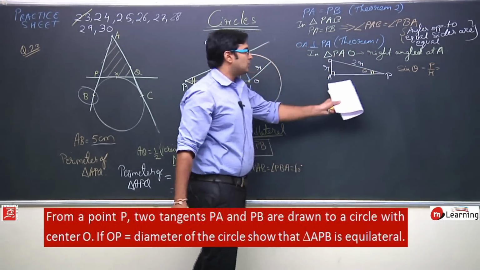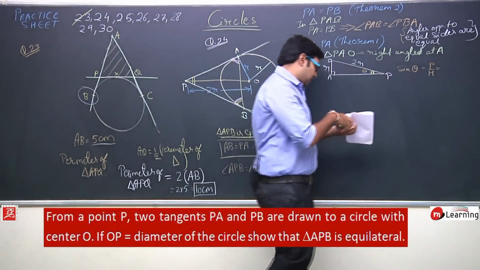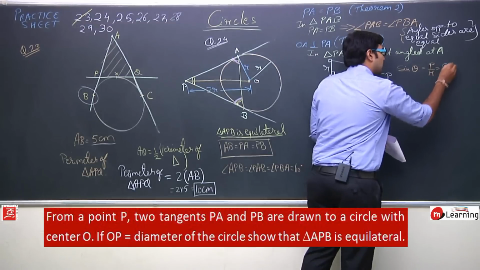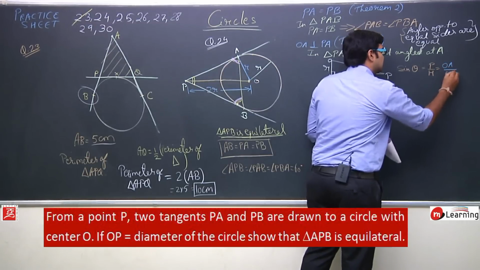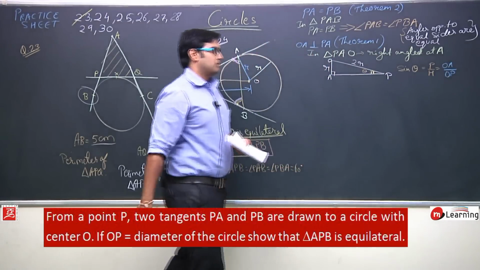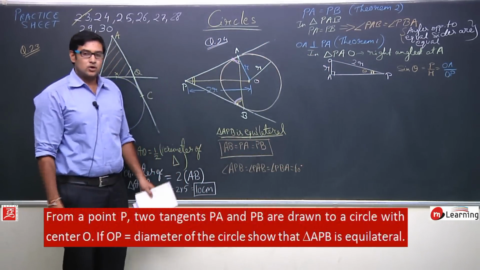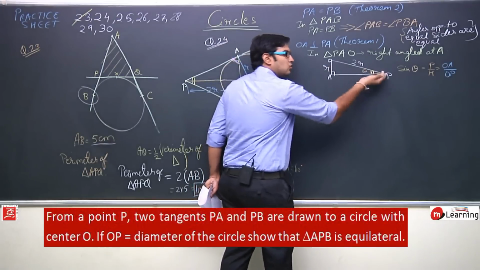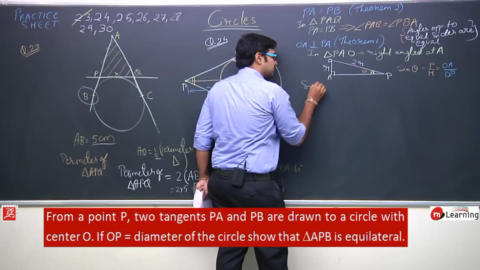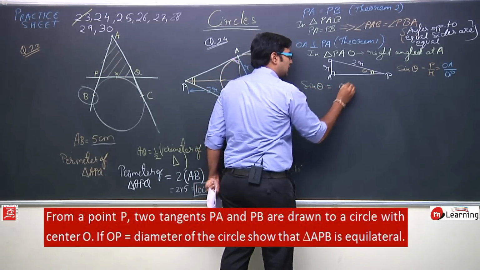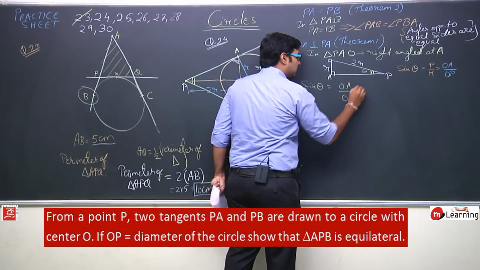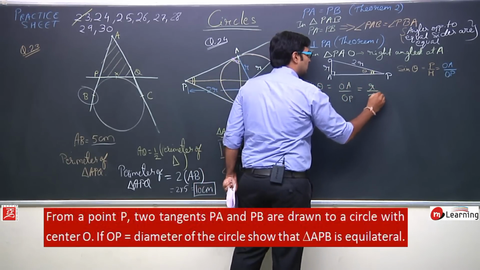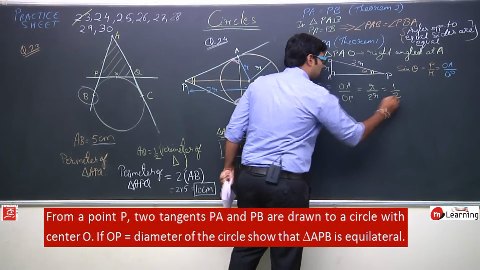So, what is perpendicular in this case? OA is the perpendicular, and what is hypotenuse? OP. So, sin theta is OA upon OP. Let us substitute the value of OA and OP. So sin theta is equal to OA upon OP, which is equal to R upon 2R, which is equal to 1 upon 2.